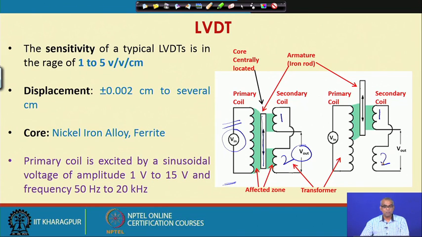The sensitivity of a typical LVDT is in the range of 1 to 5 volt per centimeter. The displacement that can be measured may be very small. It is plus minus 0.002 centimeter to several centimeter. It is reported as on both sides of the midpoint or null point.